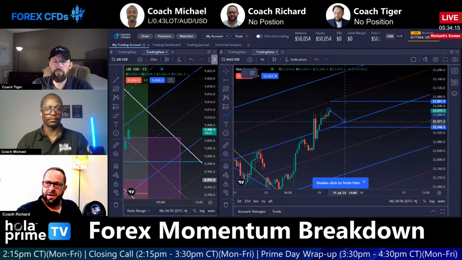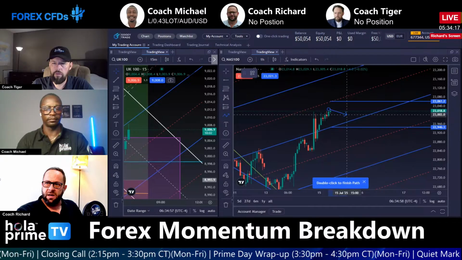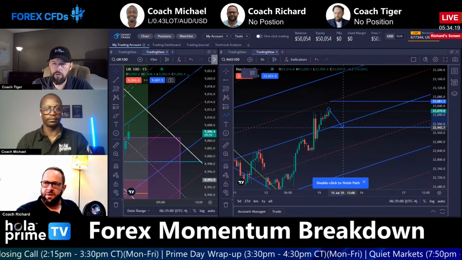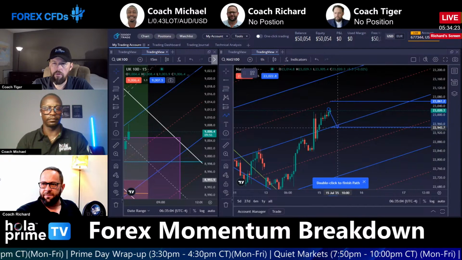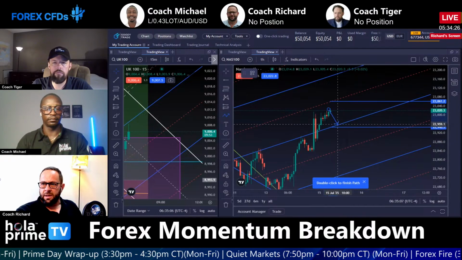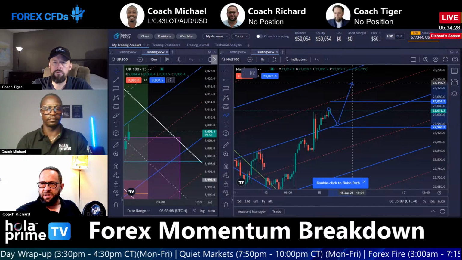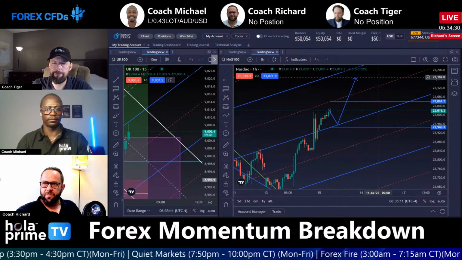And of course, this line slopes upwards as time goes by. So this level that I marked there, around about 22,904, also has to move upwards. But then that could potentially be a setup like this, right?